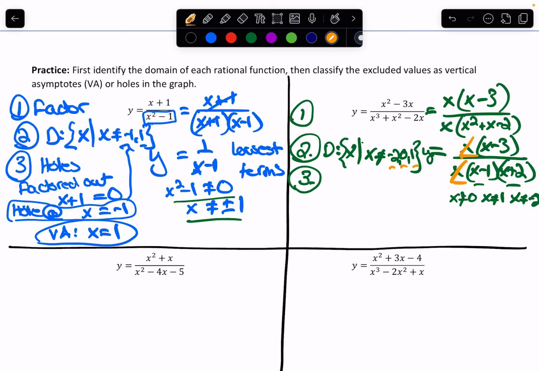It's the x, so that means that x cannot equal 0, so we have a hole at x equals 0. Now, these other ones, x equals 1 and x equals negative 2, are going to be the vertical asymptotes. So x equals negative 2 and x equals 1.